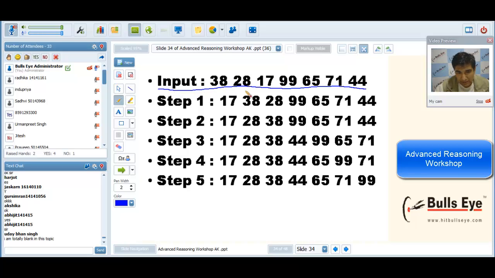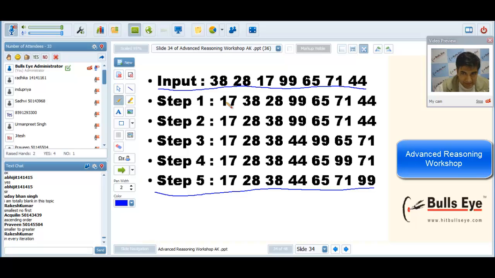Input is 38, 28, 17, 99, 65, 71 and 44. Okay, let's directly go to the step 5, which is the final step and the output. Try to locate what is happening. 17, 28, 38, 44, 65, 71 and 99. So we are arranging the numbers in the ascending order, but this is to be done stepwise.